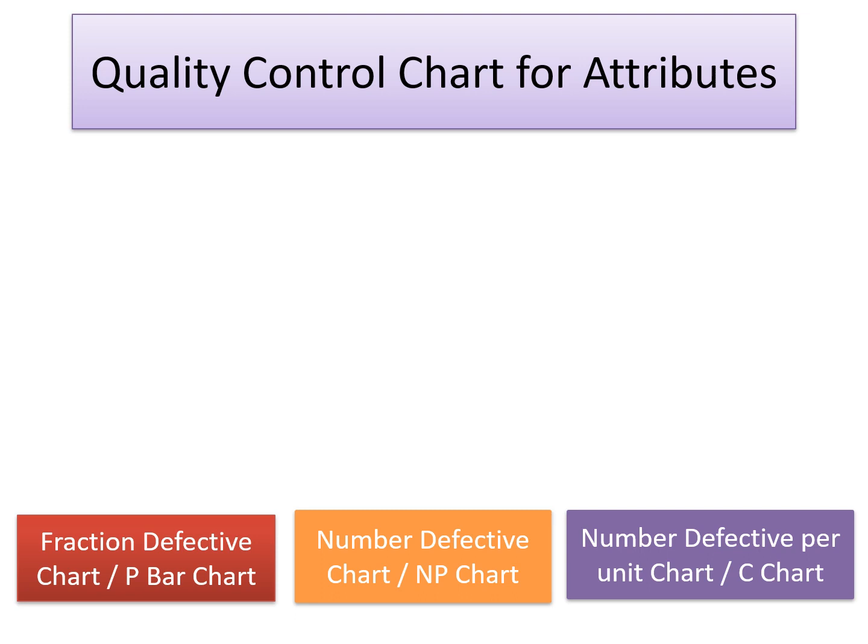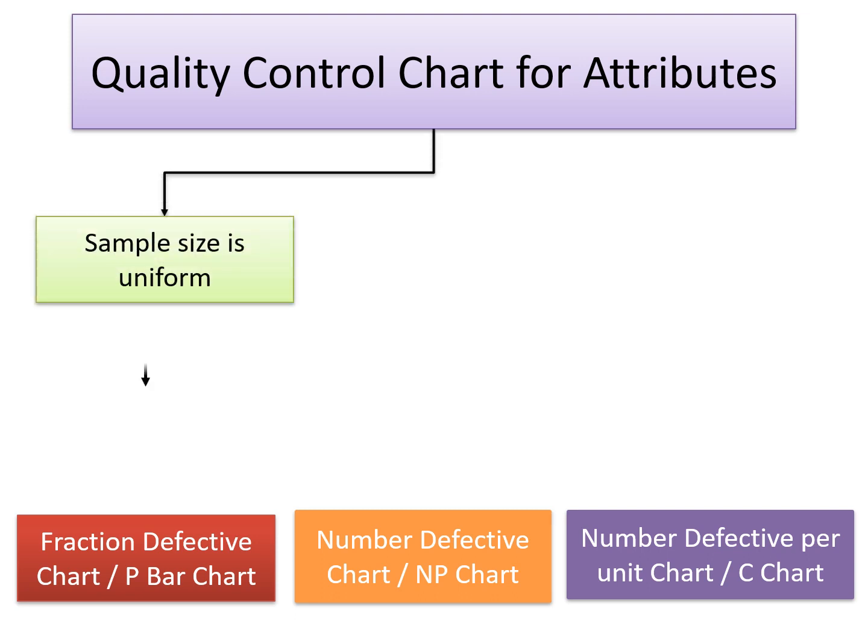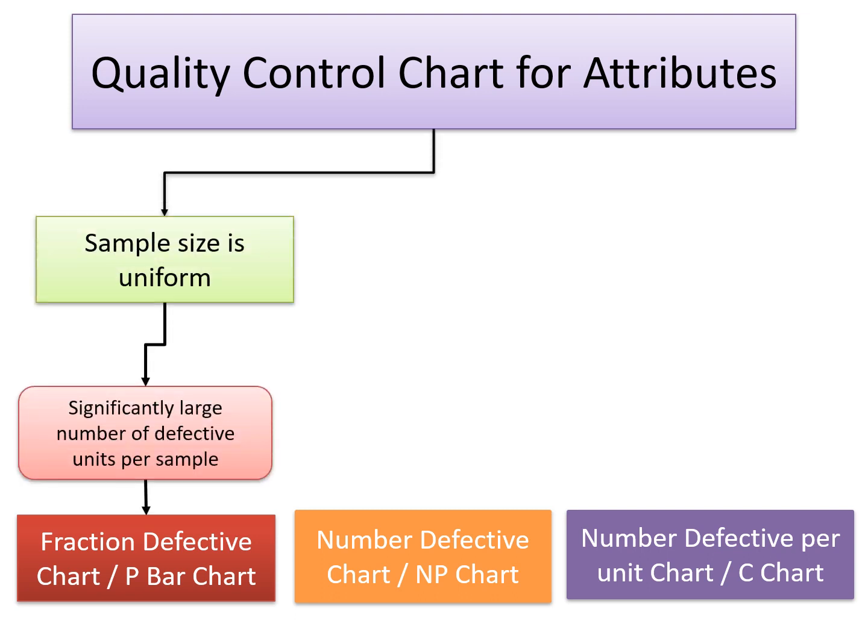For example, when the size of the sample is uniform and the number of defective pieces in the sample is significantly large, we use the fraction defective chart, which tells us what fraction of the sample is defective. Suppose the sample size is uniform, but the number of defectives in the sample is not so big, not so many.